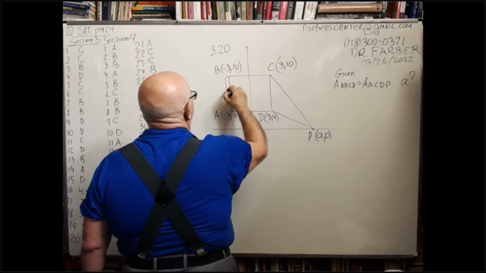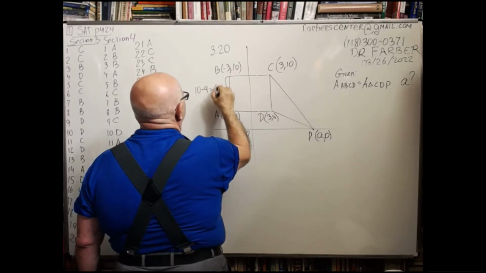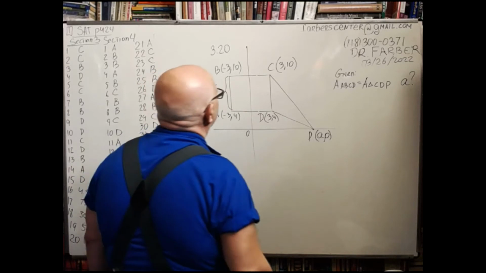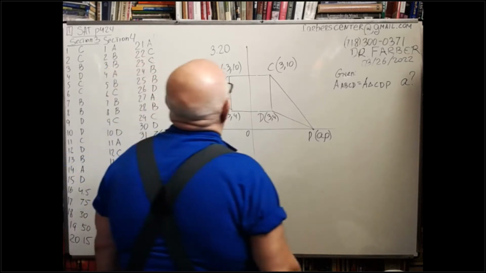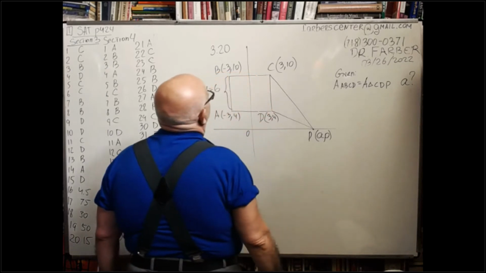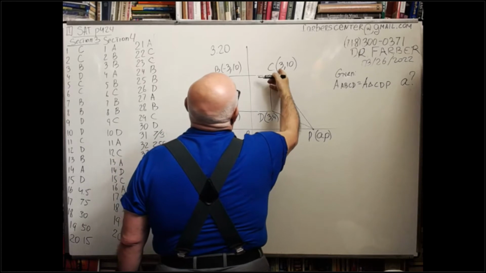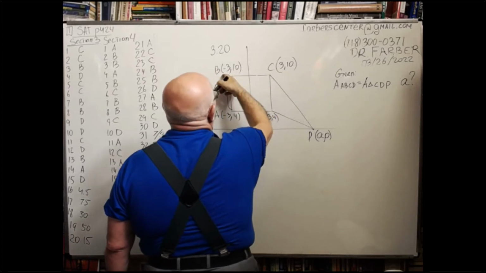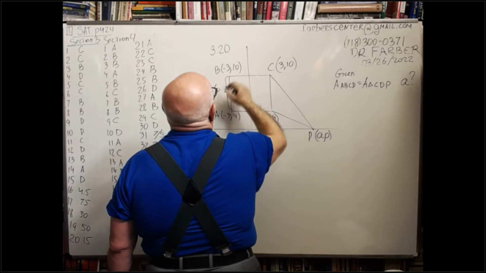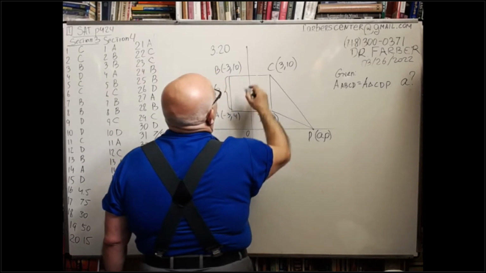This side, step number 1, is 10 minus 4, which is 6. And this side, this side is 3 minus negative 3, which is 6. Okay, this is 10, this is 4, and this is 6.